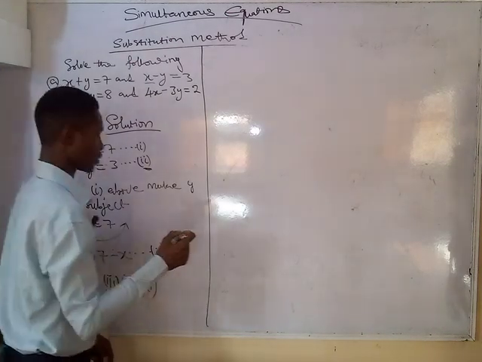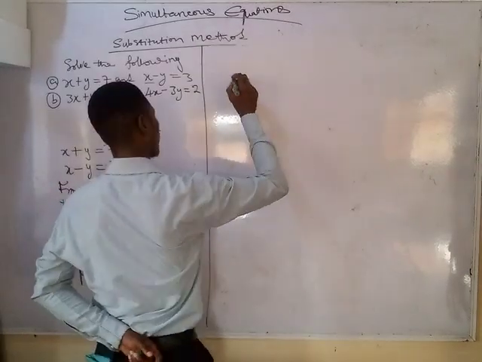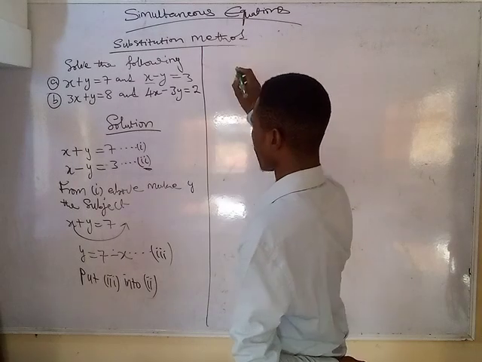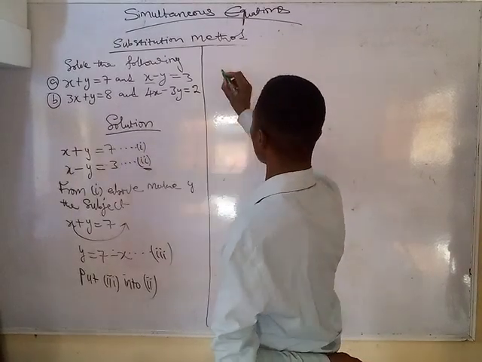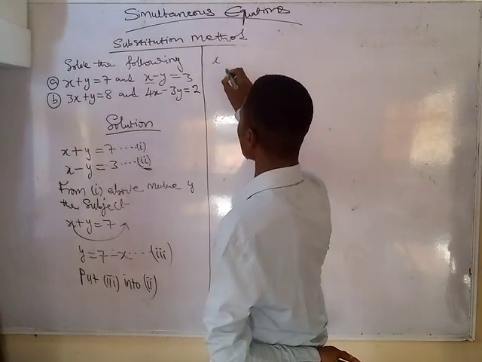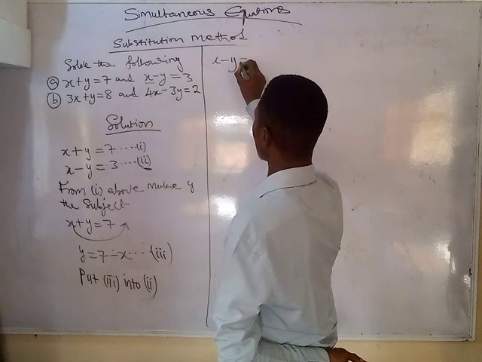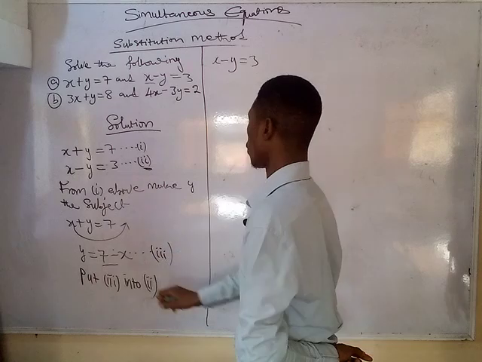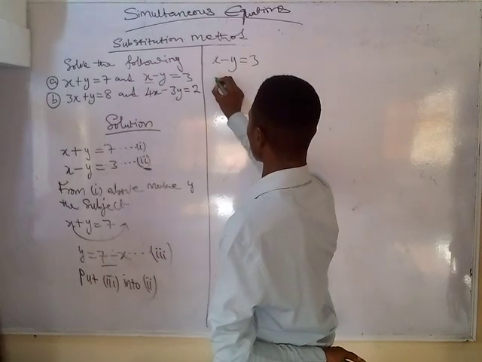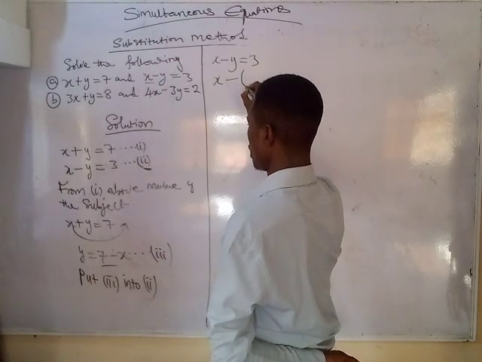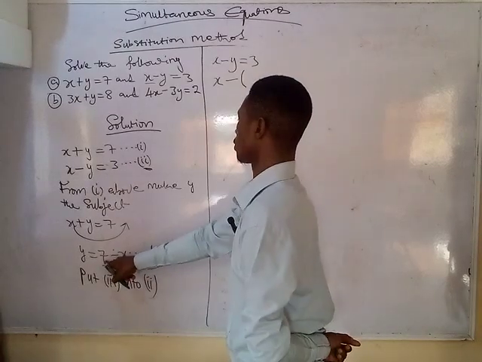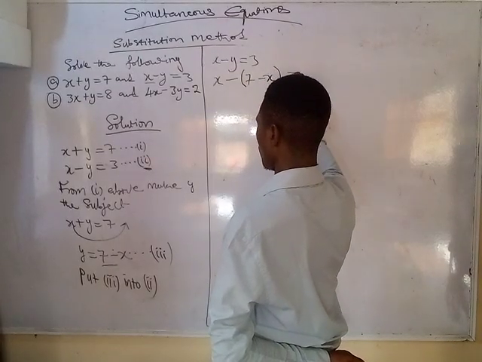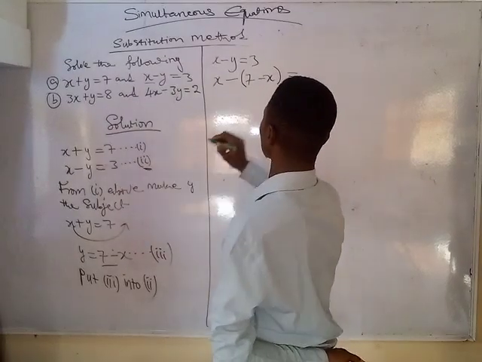So equation 2 now becomes, we write that first as x minus y equals 3. Then we are substituting this for y. So this becomes x minus (7 minus x) equals 3.